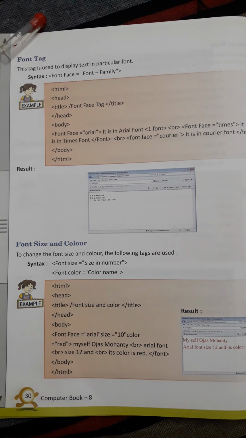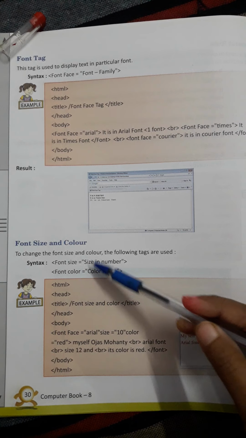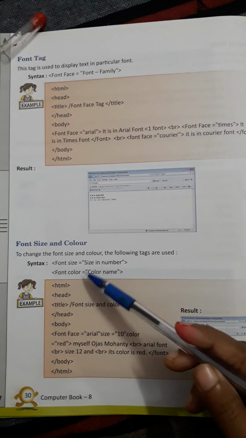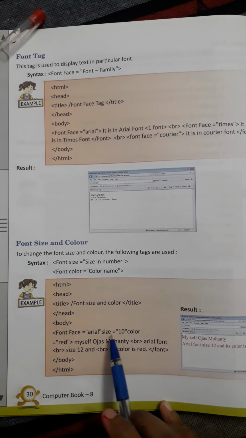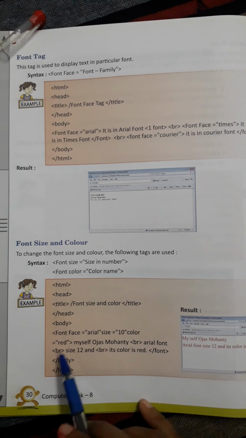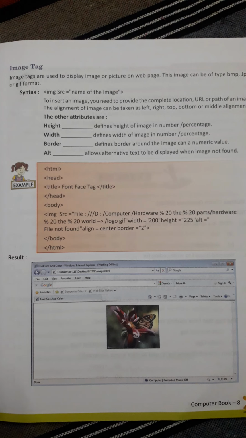You can select font size from 8 to 72, where 8 is the smallest and 72 is the biggest. Here you can select font size equal to, the size you have to write in double quotes, and the color also you have to write in double quotes. Here font face is Arial, size equal to 10 and color is equal to red. So you can see the output, size 10 and color red, and this is the Arial font.